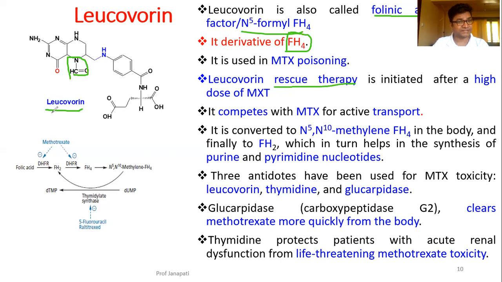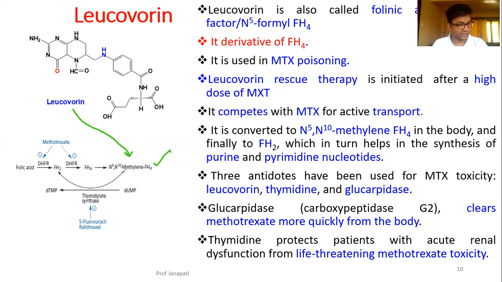Now, in the body, leucovorin is converted to N5N10 methylene FH4. This keto group will be converted to CH2. Reduction will occur. Let me tell again: in the body, leucovorin is converted to N5N10 methylene FH4. This is the metabolite responsible for the recycling process.